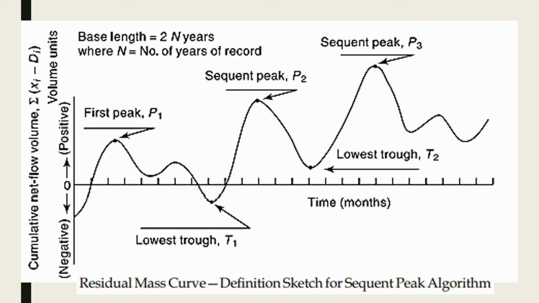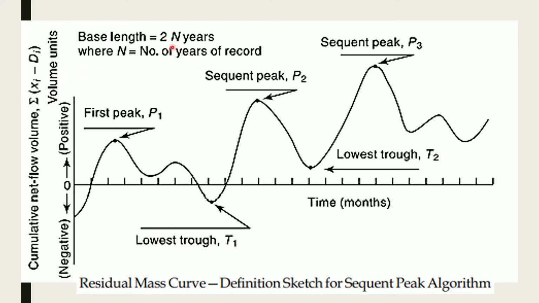So we have here a definition sketch for a sequent peak algorithm. We have the first peak denoted as P1, the sequent peak 2 denoted as P2, and sequent peak 3 denoted as P3. We also have the lowest row denoted as T1, and the second lowest row denoted as T2, where N is the number of years of record.